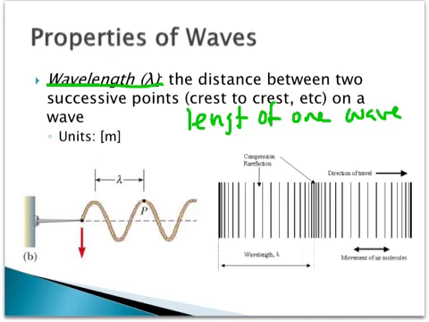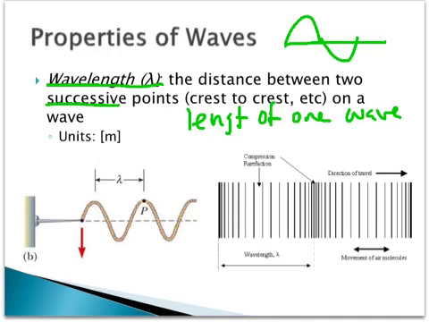Well, the wavelength is really just the distance between two successive points. An example of that would be crest to crest. Basically, you're taking one point on a wave and you're going to look at that same point on the next wave. Remember, a wave is a complete crest and trough. So if this is equilibrium, this is one wave.